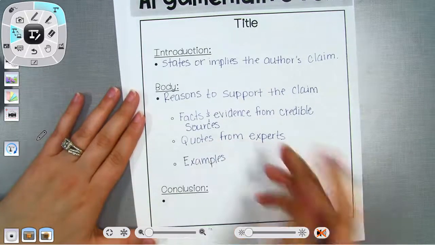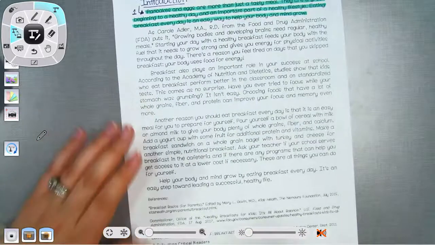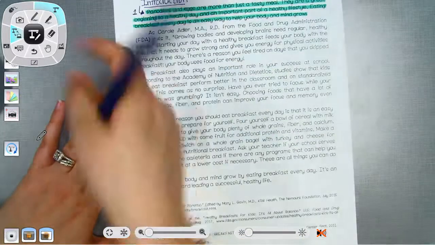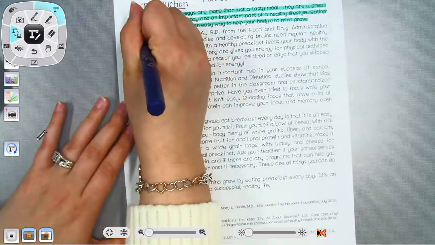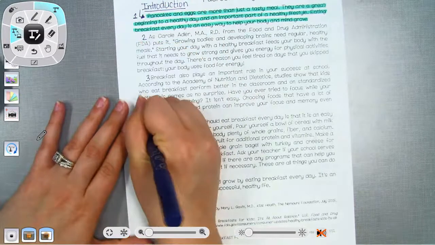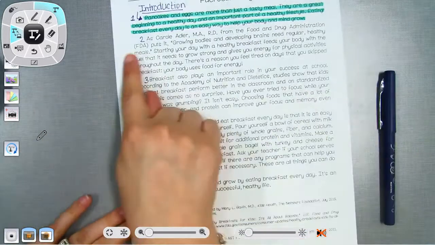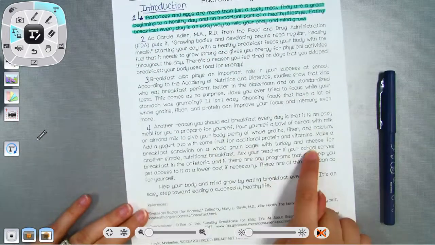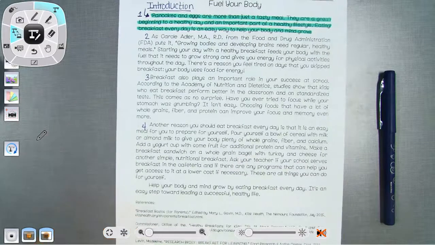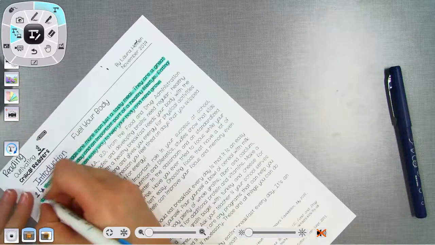Okay, so let's look at the body. Now this one's paragraph 1. Here's paragraph 2, paragraph 3, and paragraph 4. So he has given us 1, 2, 3 reasons to support his claim. Okay, and I'm not going to highlight all of that, guys, because that is a lot to highlight.